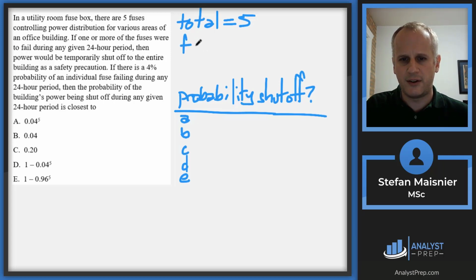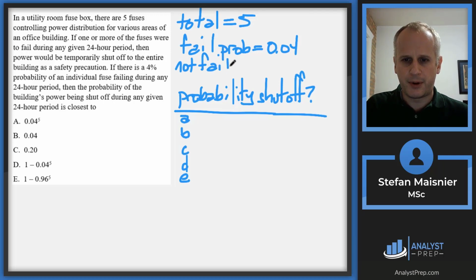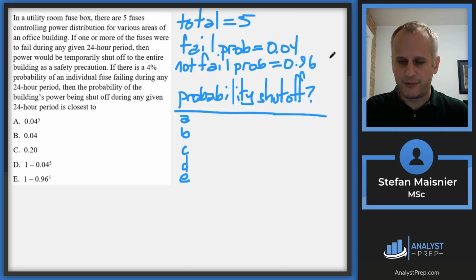So we know that the fail probability is equal to 0.04, which means that the not-fail probability is going to be equal to 0.96, because we know from what we just discussed that the sum of the probabilities of the possible outcomes is going to be 1.